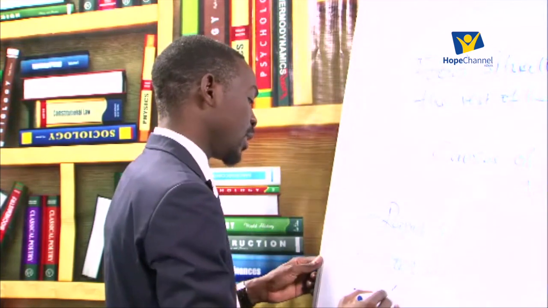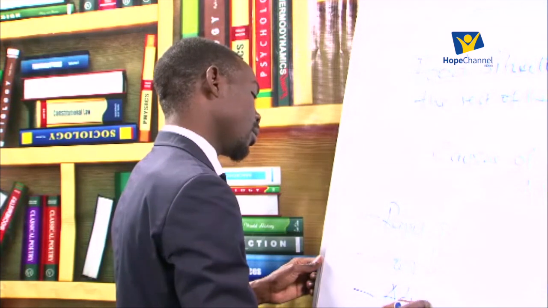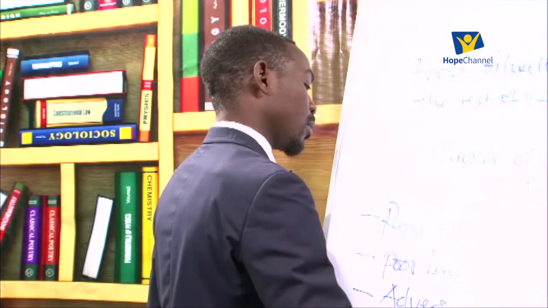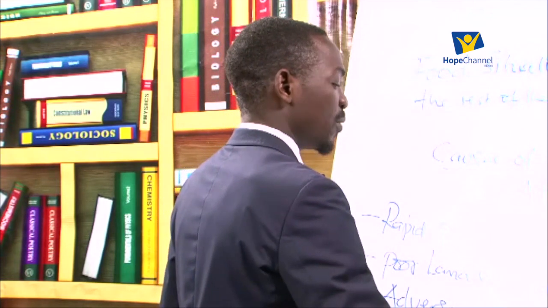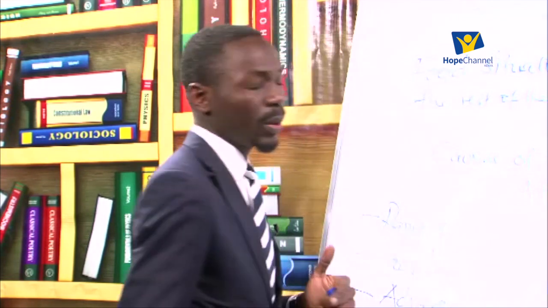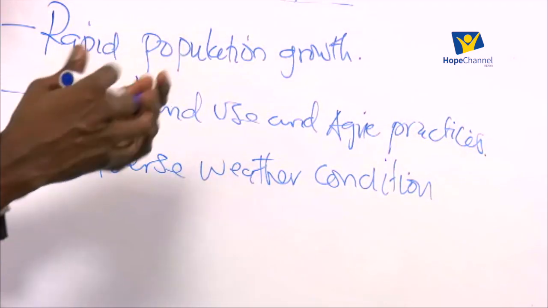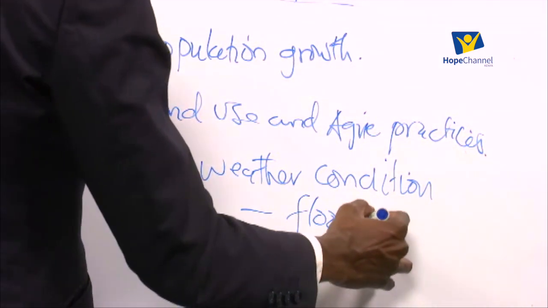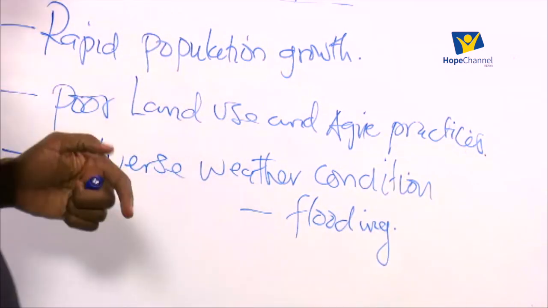Number three, we have adverse weather conditions. We said that if we experience rainfall, it is good. But when we experience rainfall to extremes, it becomes flooding. And when we experience sunny days to extremes, it becomes drought.